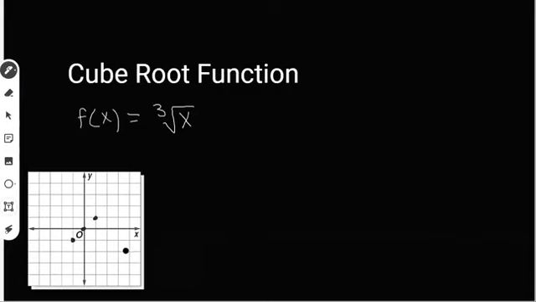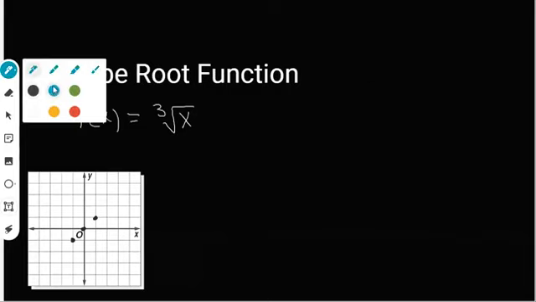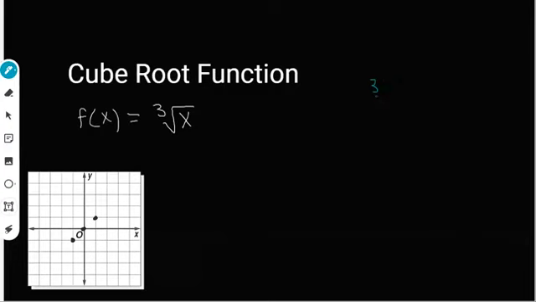And then what's the next point for the graph? You can take the cube root of 8 and get 2. So the next point is going to be 8, 2, which is off the graph, but it's probably going to be sort of over here.